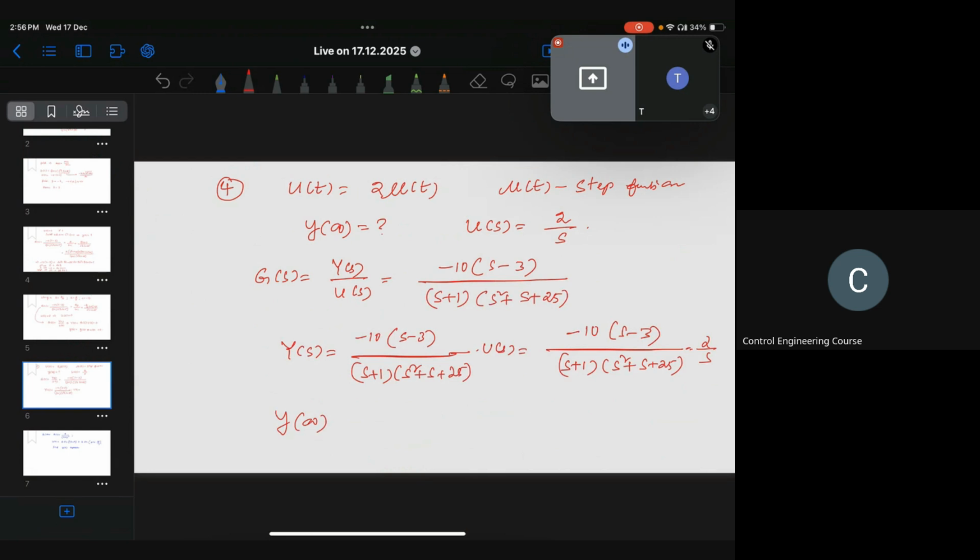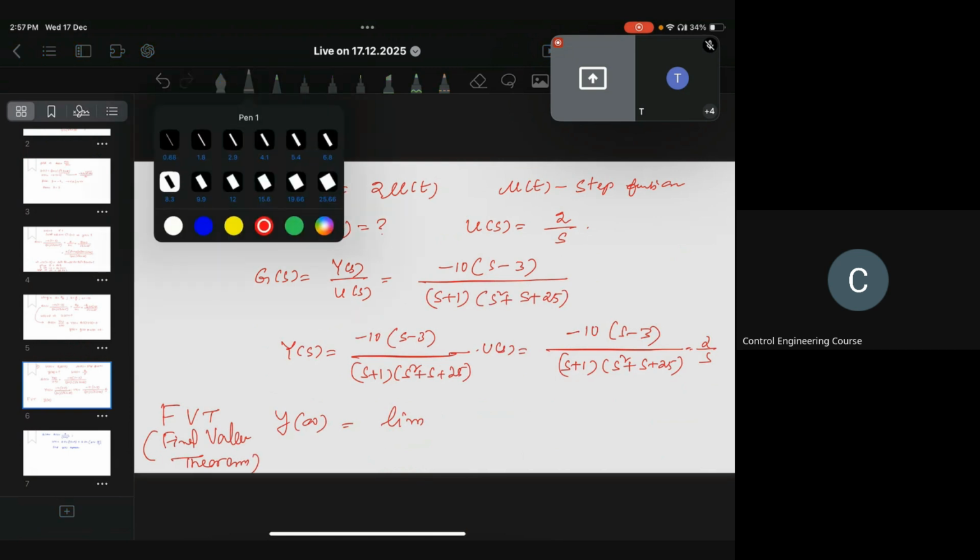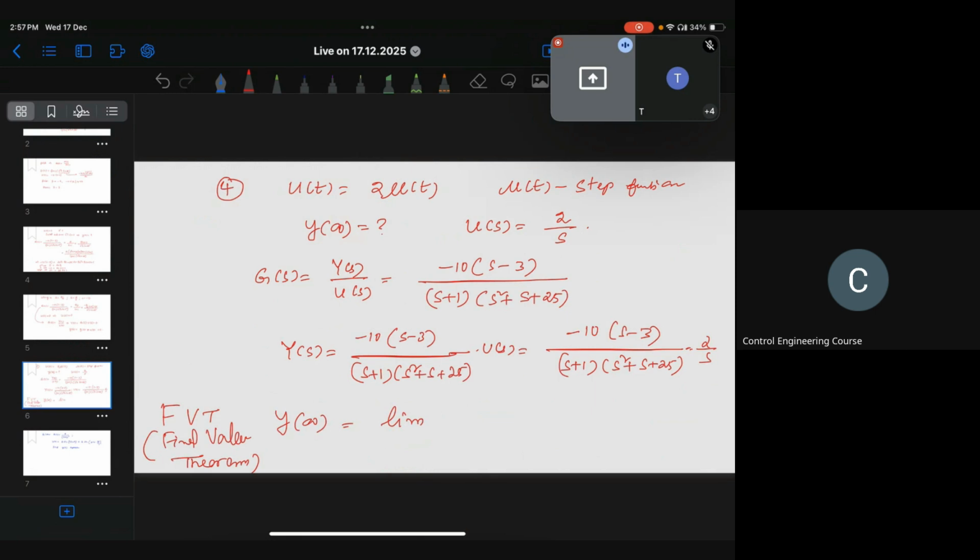Using the final value theorem, we can write y of infinity as the limit as s tends to 0 of s times Y(s).